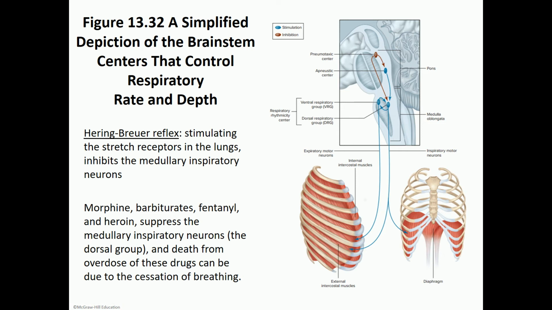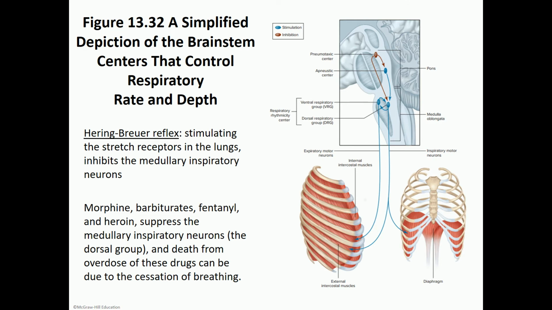Now, the orders for these muscles to contract eventually come from the medullary centers. Now, when these muscles contract, there is the inflation of the lungs with air. That inflation will stretch the lung tissue, leading to the stimulation of the stretch receptors that are found in the lungs.